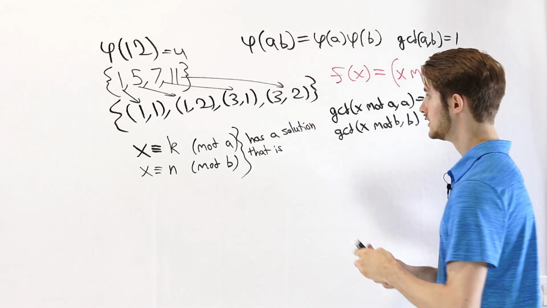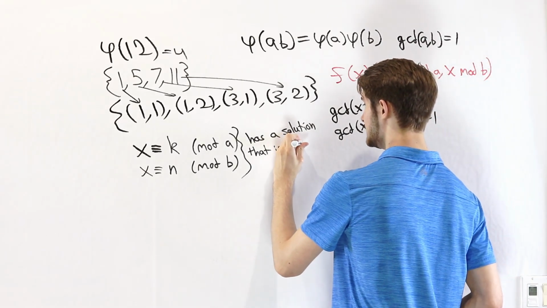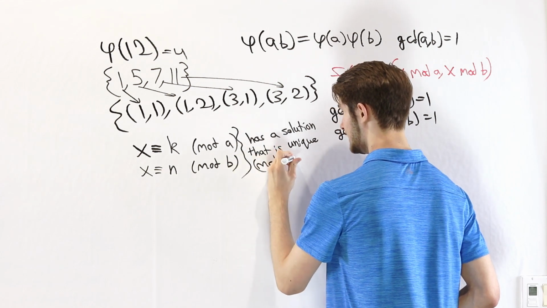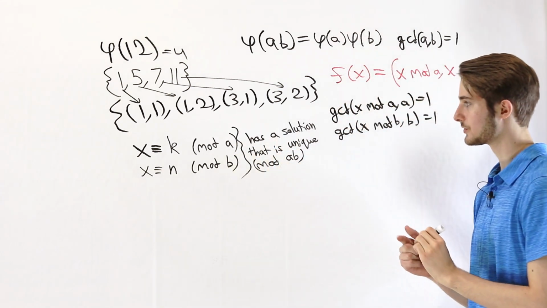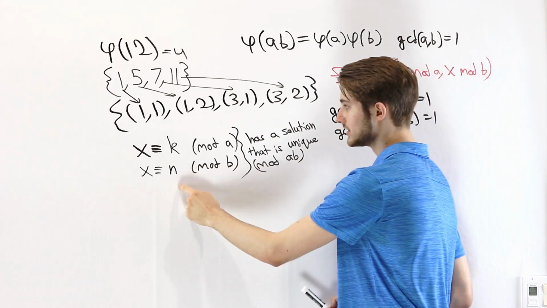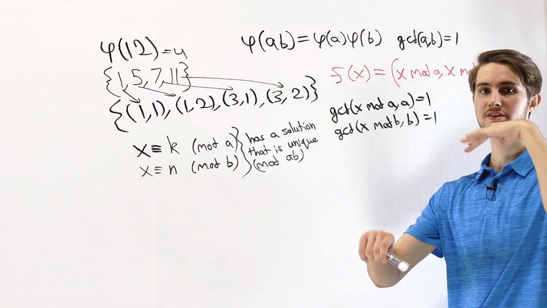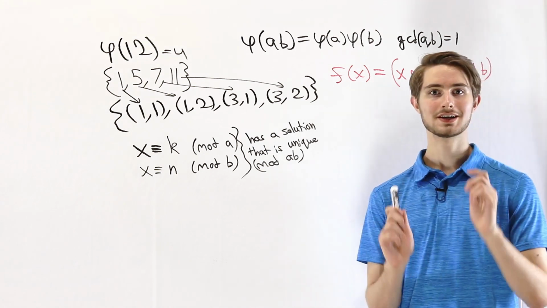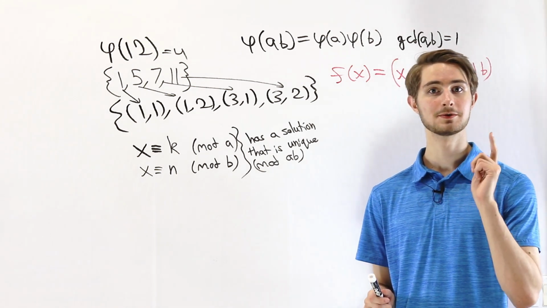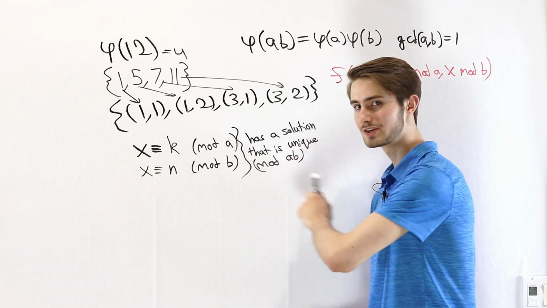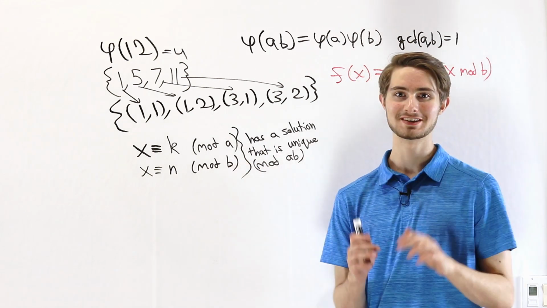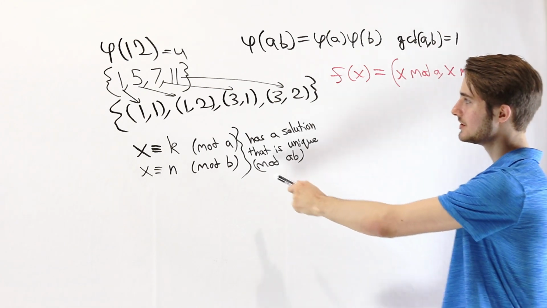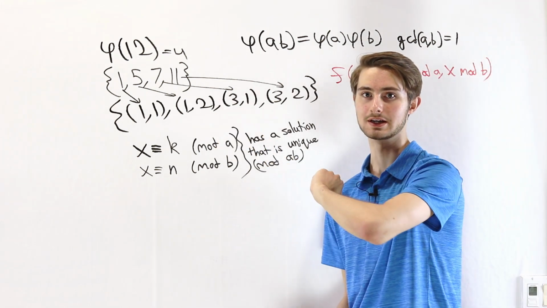And also that the solution is unique, mod A times B. In other words, every solution to this system of congruences must differ by a multiple of AB. Now the condition for the Chinese remainder theorem to be true is that A is coprime to B. Of course that's true in our case because that was one of our assumptions, so we can use this theorem on the situation we're looking at here.